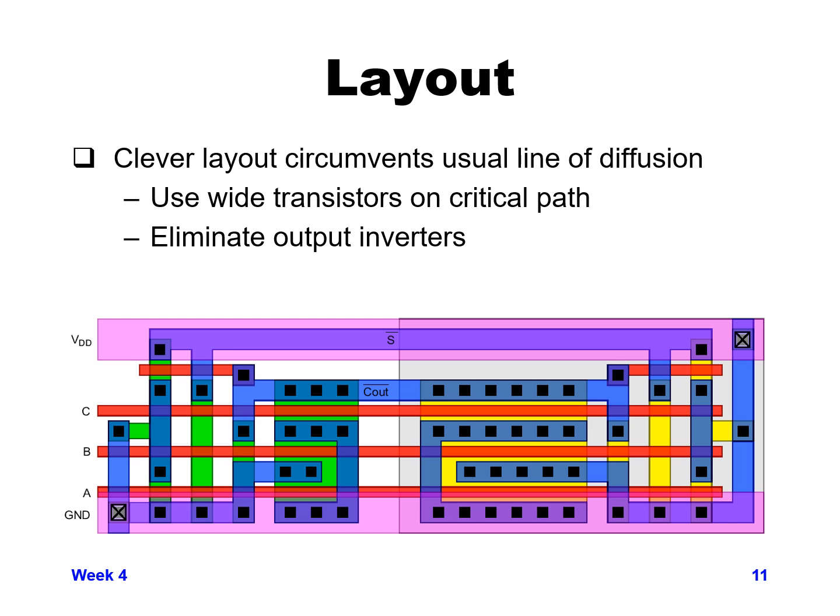Here, it says you can eliminate the output inverters if you're trying to do carry out bar instead of just carry out.